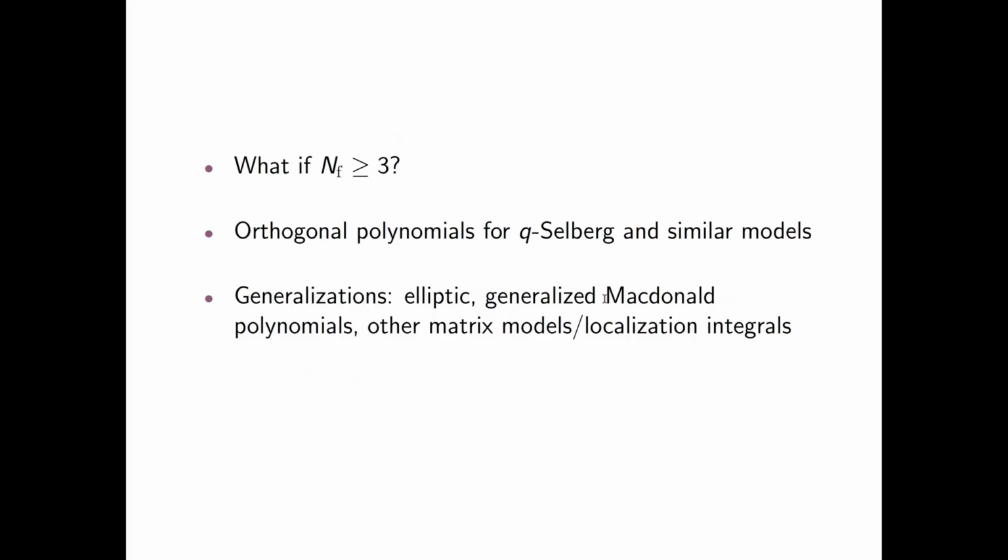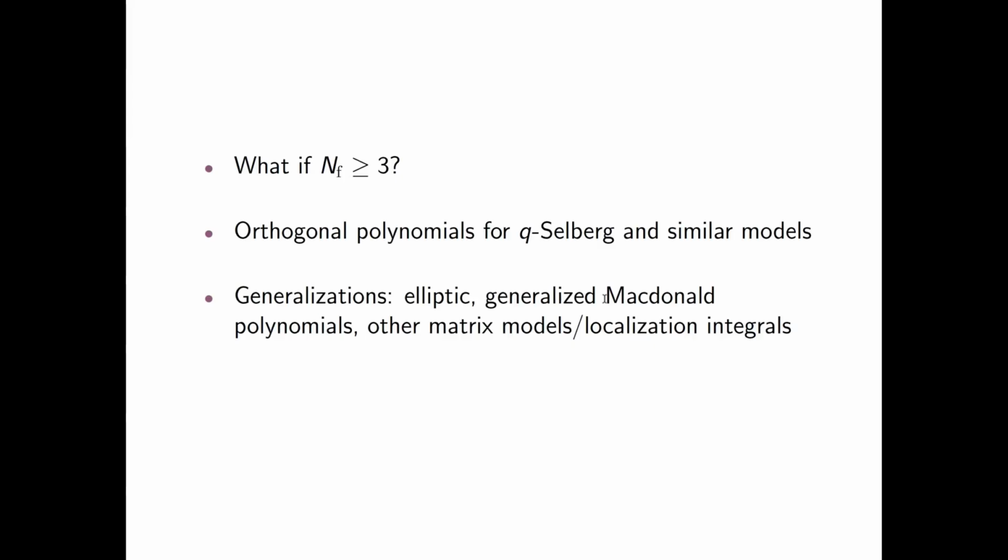As a final list of questions: what happens when the number of matter multiplets is greater than 3? We should be able to treat this, find an algebraic formulation of the problem, and even translate the fact that there are many equivalent contour choices into some algebraic statement.